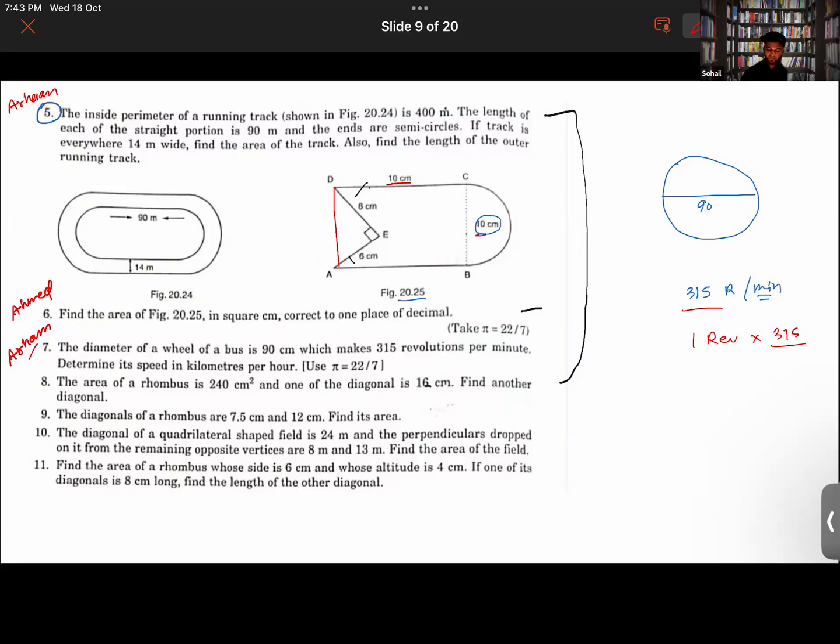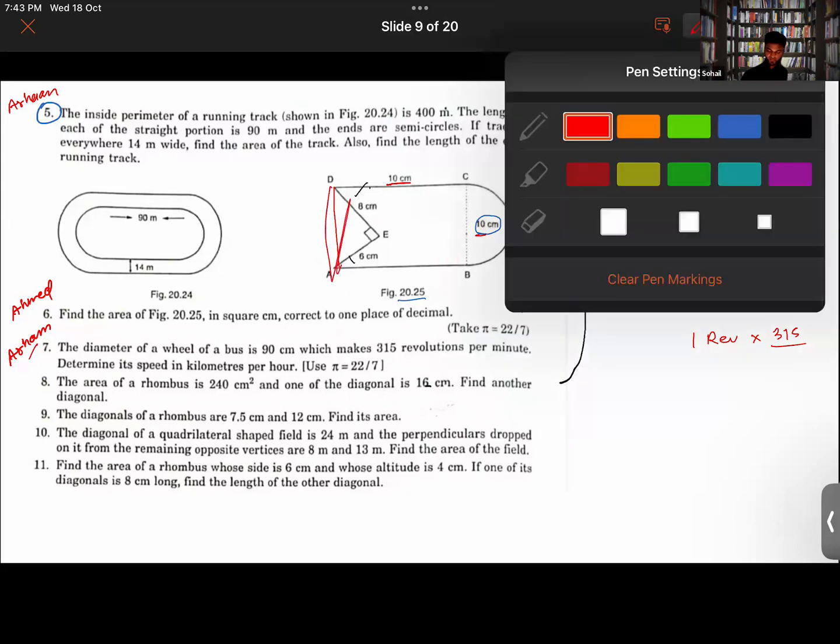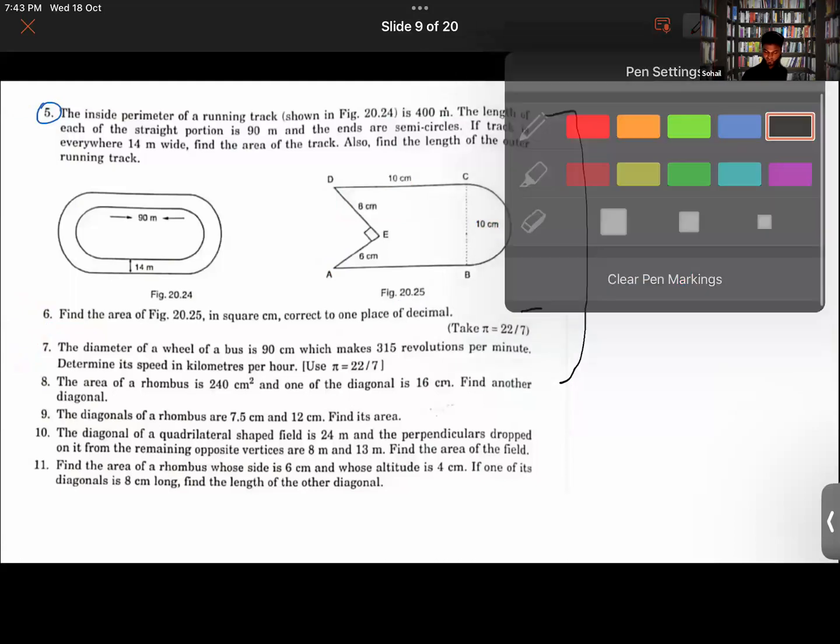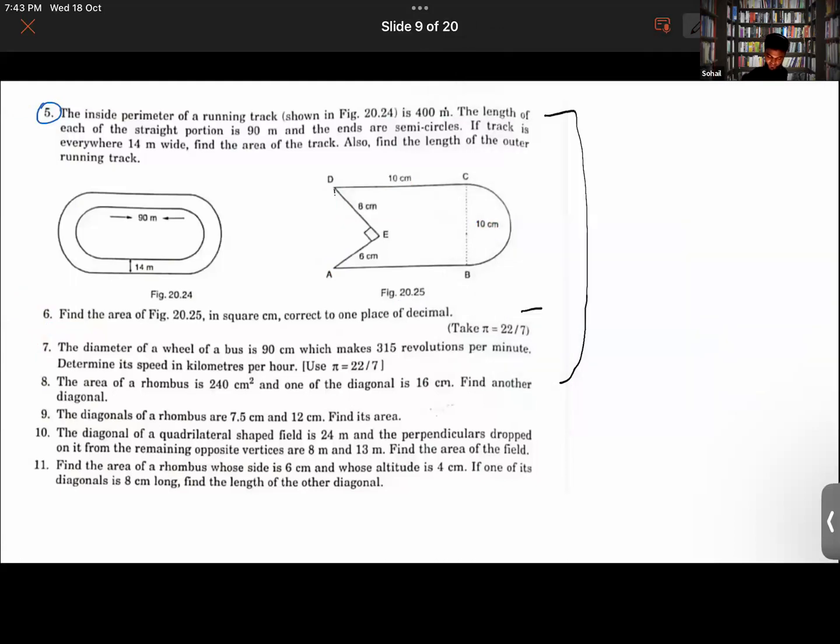Let me repeat this thing. Firstly, join point A and D with the help of a dotted line. So you will be getting that ABCD is a square. Why? Because the sides are equal, 10 and 10. So this is also 10, this is also 10, right?